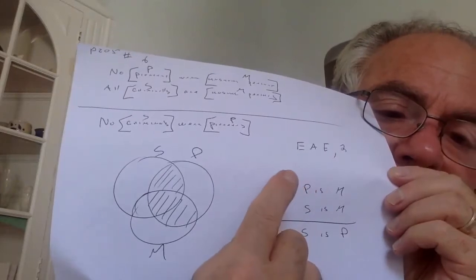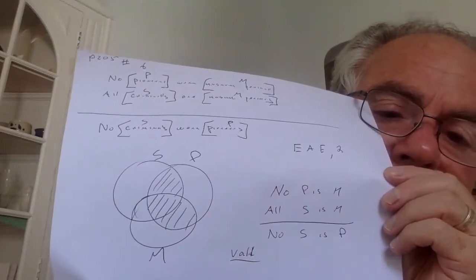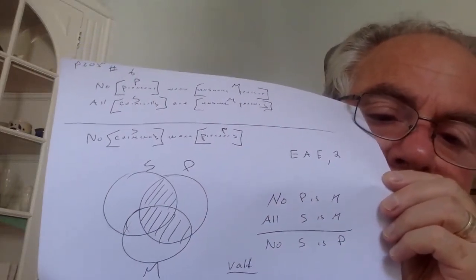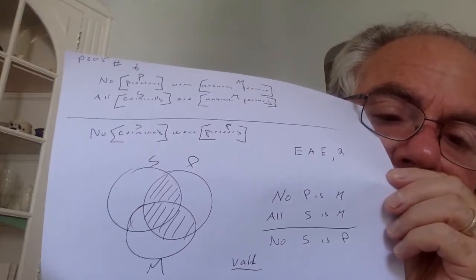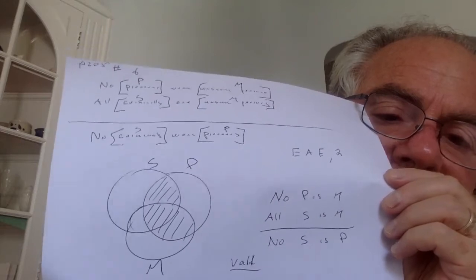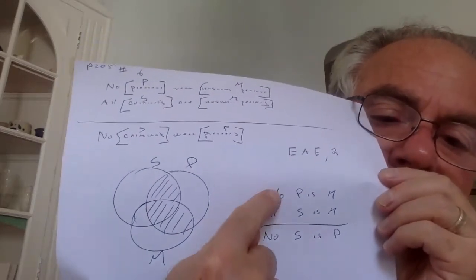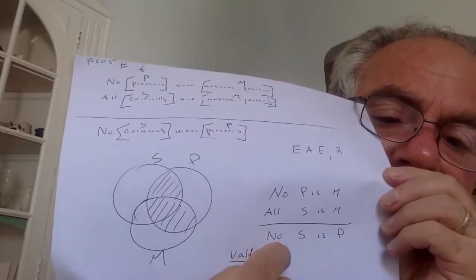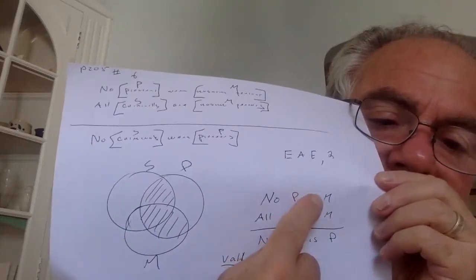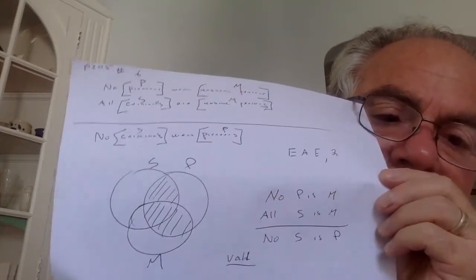So it turns into an EAE 2. Okay? EAE 2. Because this is an E, that's an A, that's an E. And the fact that the middle term is here makes it into figure 2.